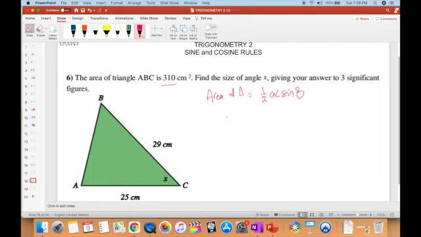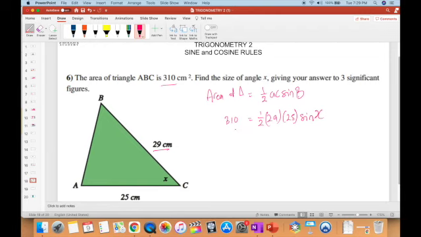So this side is 310, the area of the triangle, and that is equal to a half of the two sides, 29 and 25, 29 times 25 multiplied by the sine of the included angle, which is the angle we want to find. Do you have that?